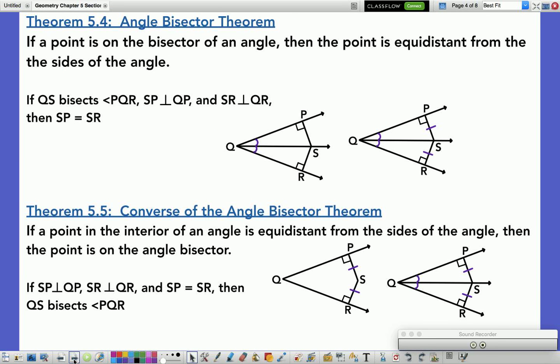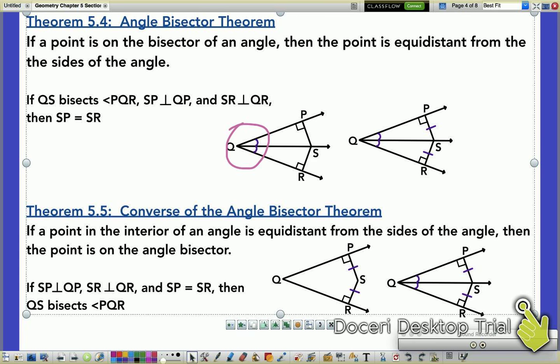So 2 more theorems. If a point is on the bisector of an angle, then the point is equidistant from the sides. So it's saying that if QS bisects PQR, which is this entire angle here, then we have 2 perpendicular angles and these sides would be congruent like it says.